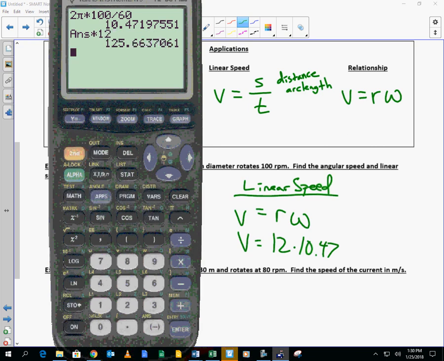For tomorrow, you won't use your calculator. On the actual test, you won't use your calculator for just converting degrees to radians. I think it's very fair to expect that we can handle that without our calculator. So we get 125.66. This is velocity. What's our distance measured in? Per second. Very good.